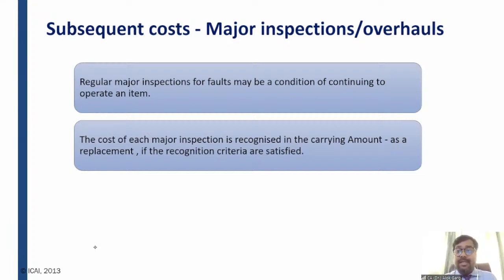It means in the life of the aircraft, this inspection cost has to be incurred 4 times, right? So what does it mean? It means this inspection cost is a separate component, a separate cost. And whenever you incur the inspection cost, you need to capitalize it as a cost of the aircraft, and you need to derecognize the original or existing cost of the aircraft, right?